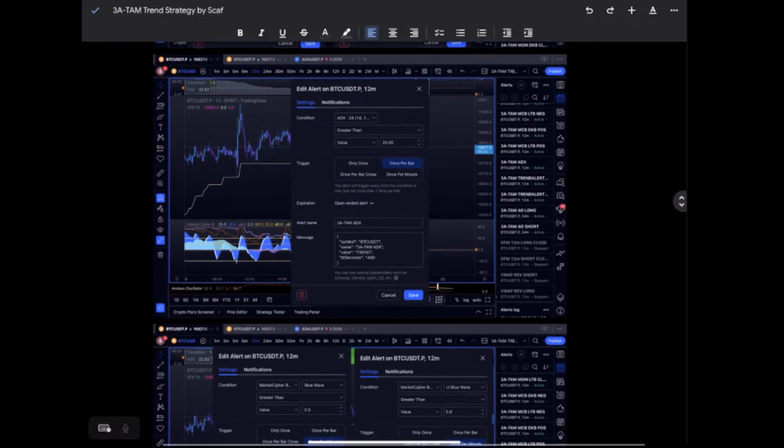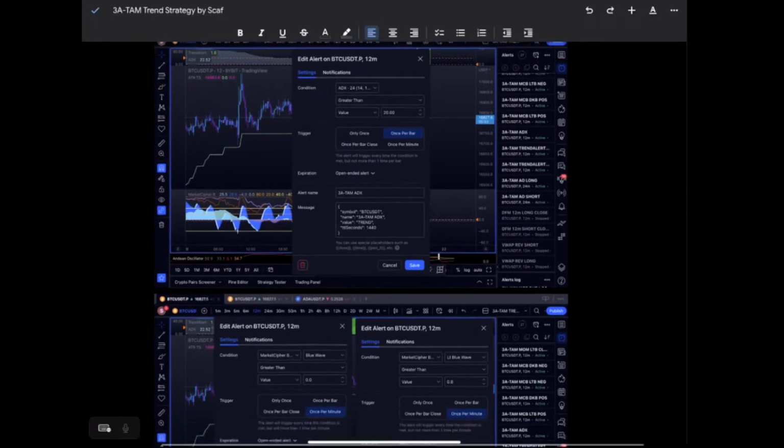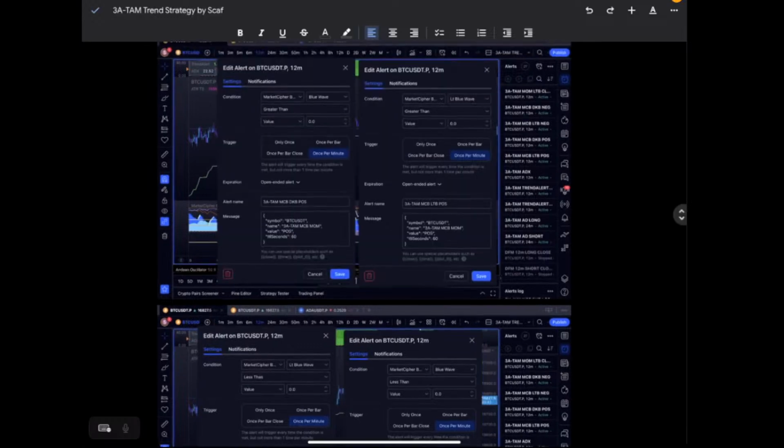So here we see on this screen, when I want to have this label, 3A TAM MCB MOM on the left side, you're going to see it says if Market Cipher B blue wave is greater than 0, meaning positive, it's going to create the label, it's going to create the value positive in that slot.